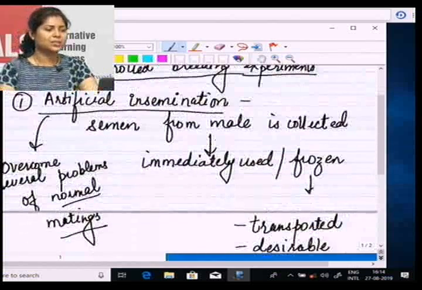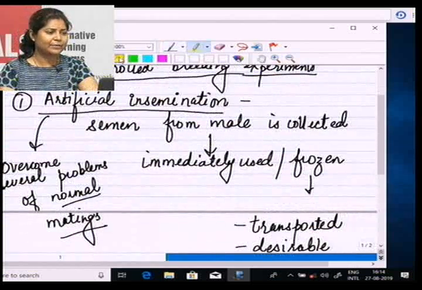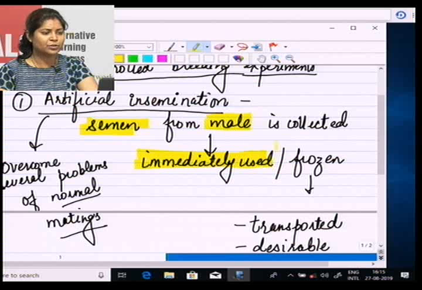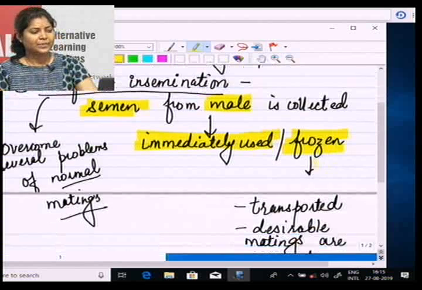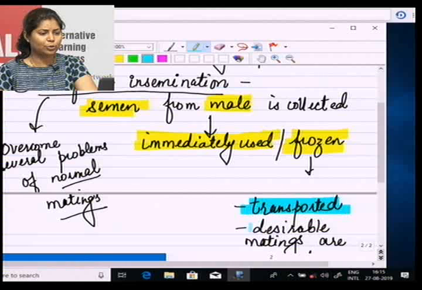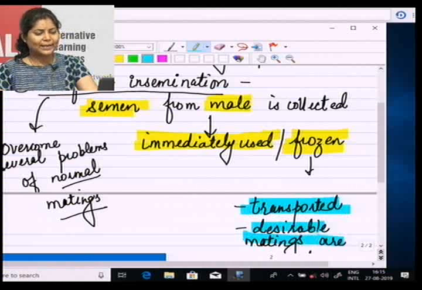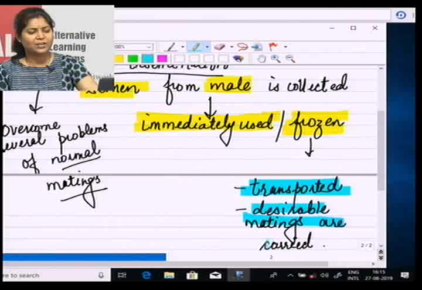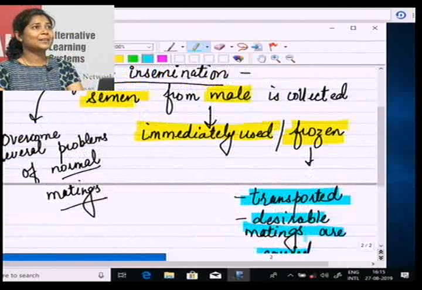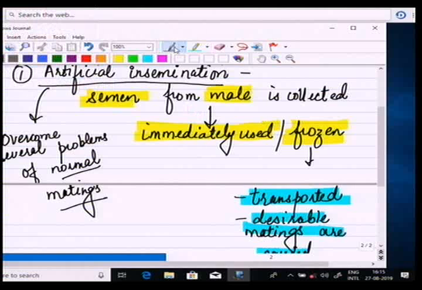What happens in this is that we collect the semen from the male animal, and it can be immediately used or frozen, both. And this frozen semen is transported to long distances. Like I gave you an example, it can be transported from Delhi to the Northeast or from the Northeast to Delhi. It's as easy as that.